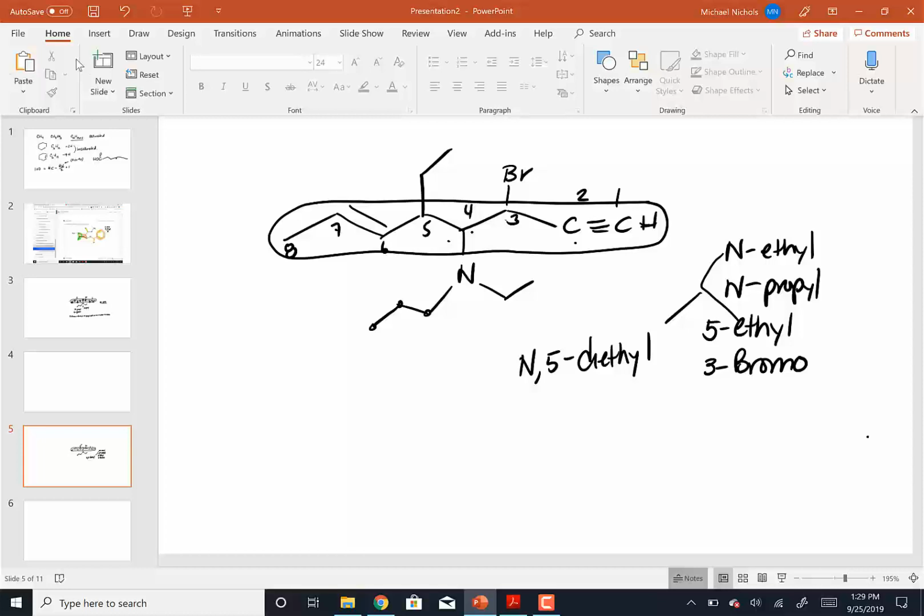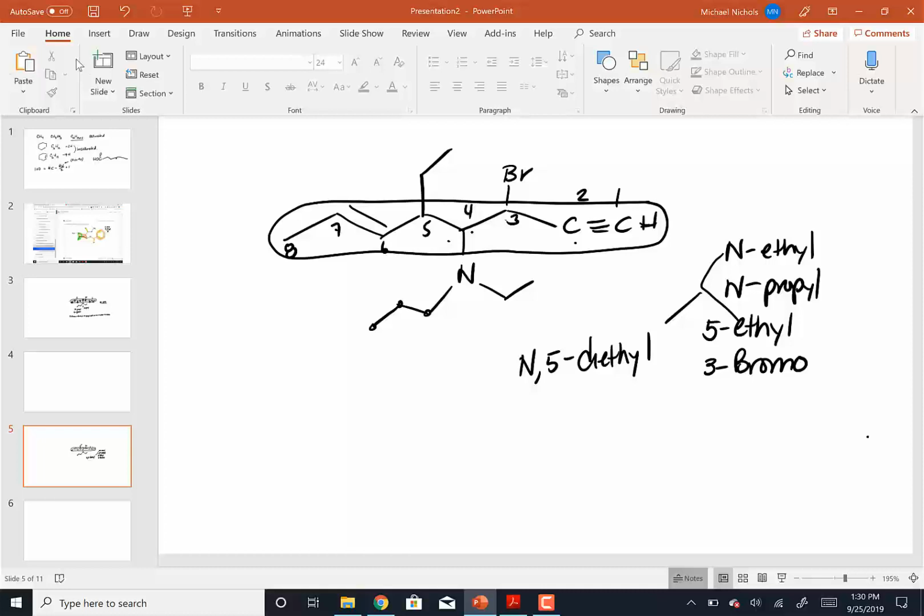Does it matter which one you put first? Technically, it should be an N. It should be N first, and then the numbers afterwards. If you put 5N, I probably will accept that, but it should be N5. So, like, say if the amine was at 6, you would still do N5. Well, only if it would change up the numbering scheme.